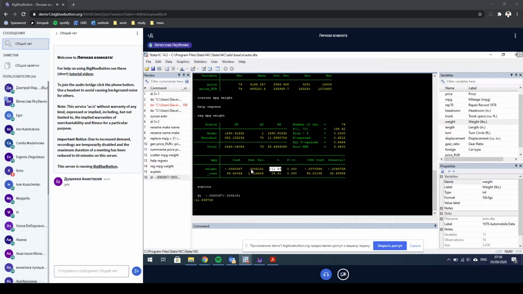Because if standard error is high enough, then we could say that there's too much variation in these coefficients. So this relationship doesn't hold universally. It doesn't hold for everything. We have to be sure that it does, so we cannot be sure that it holds for everybody.